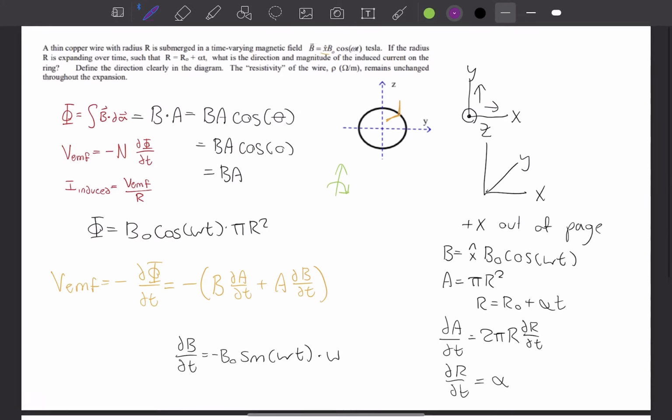So while this problem seems a little daunting at first, we see that once we break it down and understand every element, it's actually not very difficult.